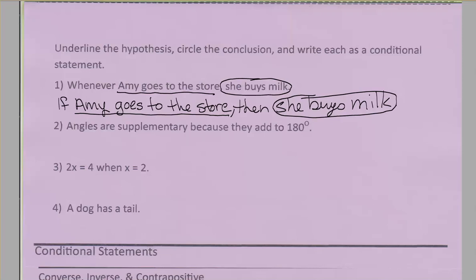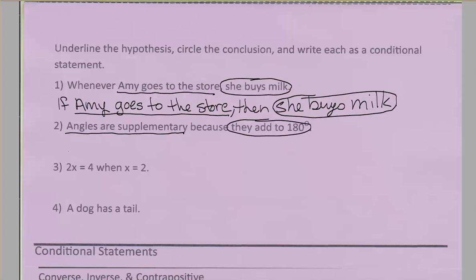Number 2 says angles are supplementary because they add to 180. So angles are supplementary is the hypothesis, and they add to 180 is the conclusion.